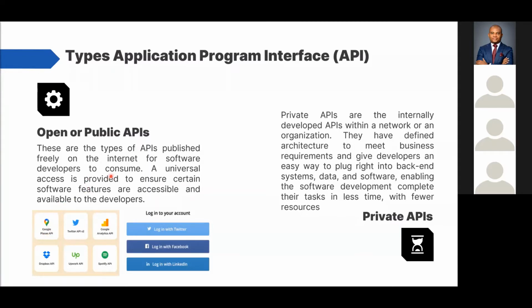Take for instance, you've been trying to sign up at LinkedIn or a relevant application, and you come up with a pop-up that says, do you want to log in with your social media account, your Twitter, your Facebook, or LinkedIn? This means the application is going to leverage API services exposed by Twitter, Facebook, or LinkedIn, so you don't have to go the round of developing authentication in your own application. You can leverage the services exposed by these platforms.